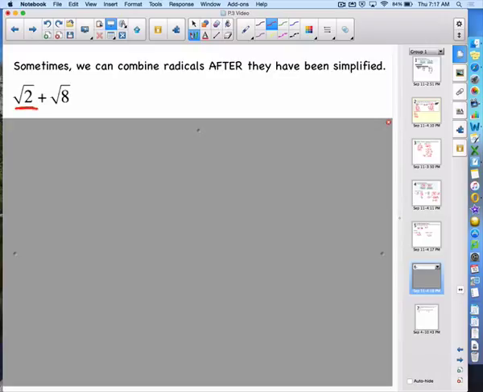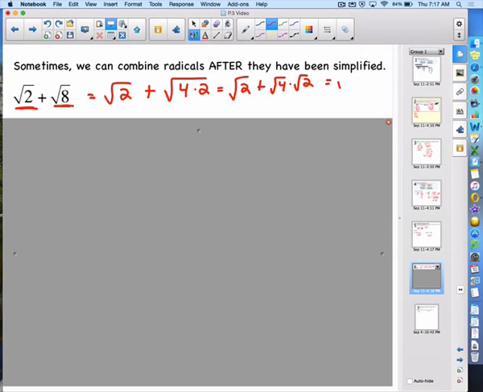The square root of 2 can't be broken down anymore, but the square root of 8 we can fix up a little bit. So I'm going to change that square root of 8 into the square root of 4 times 2, because now I'll have the square root of 2 plus square root of 4 times 2 when I split those apart.